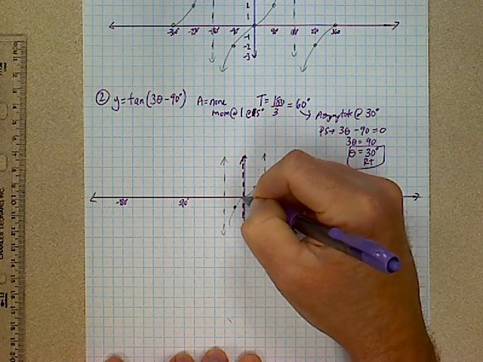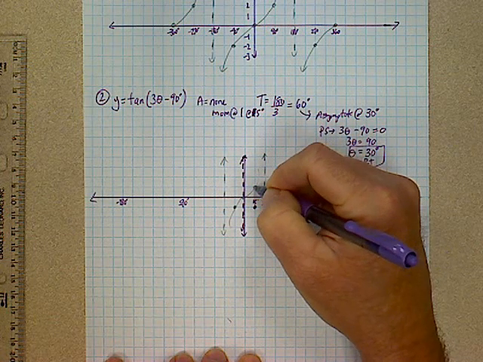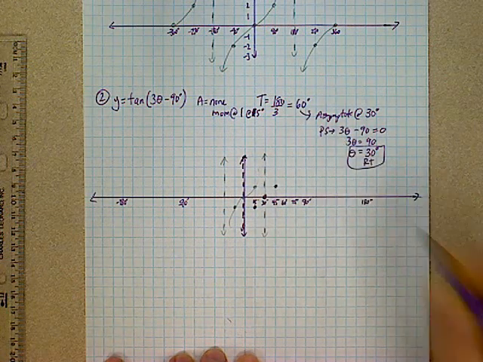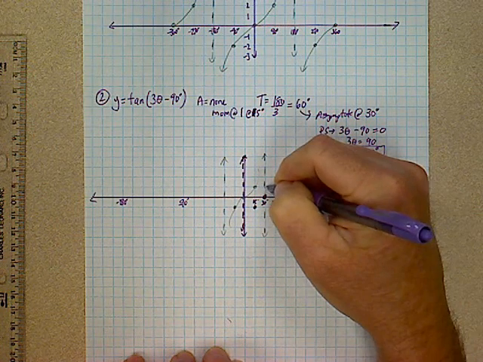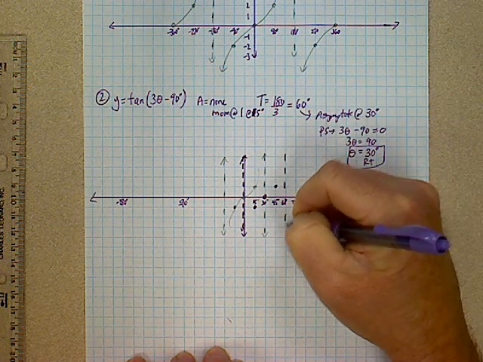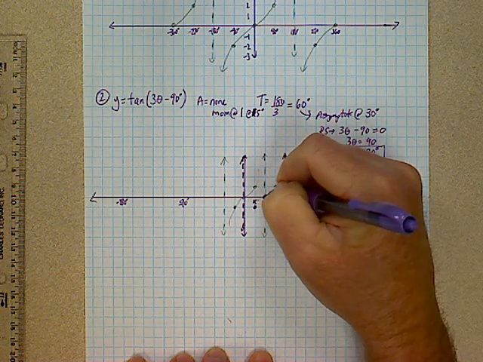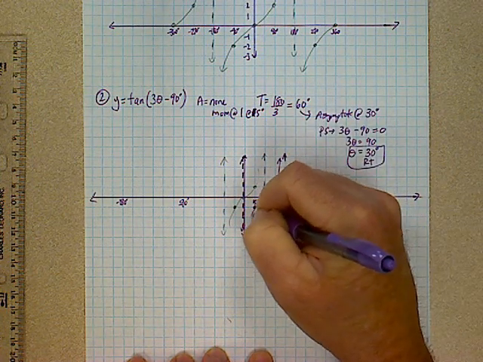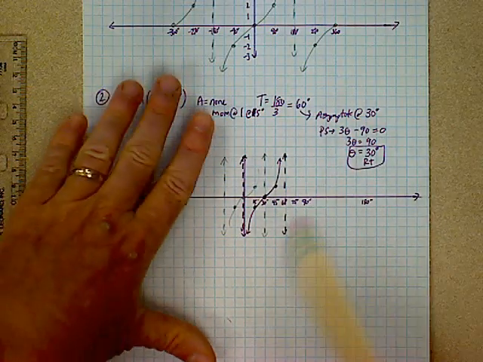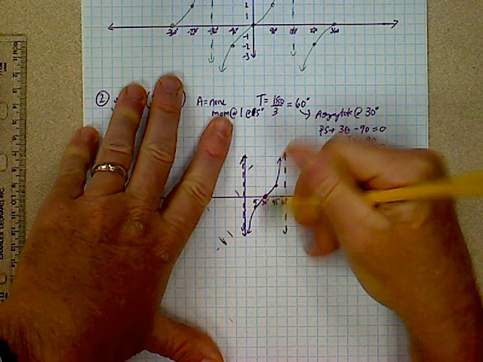For the middle dot, we'll go over 2, so we'll actually be sitting on that asymptote. Then from the asymptote, go over 2 again, and you will have an asymptote. Carefully draw in your picture, erase your pencil, and you're going to have what you want.